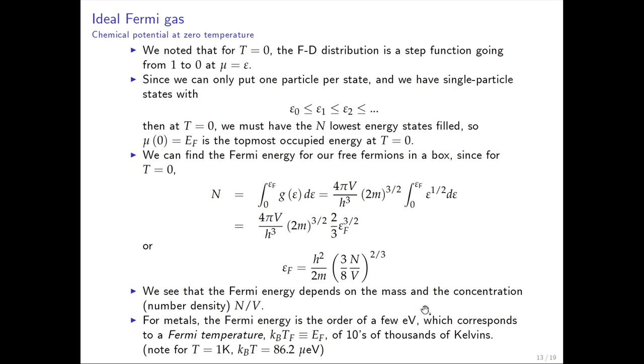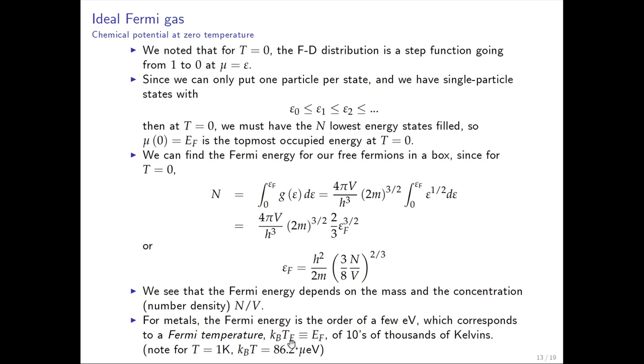This is an energy unit we typically use in atomic and solid state physics. And a few electron volts corresponds to a Fermi temperature. So we can say we have the Fermi energy. Apologies again, I should use consistent notation. I should have epsilon sub f here.